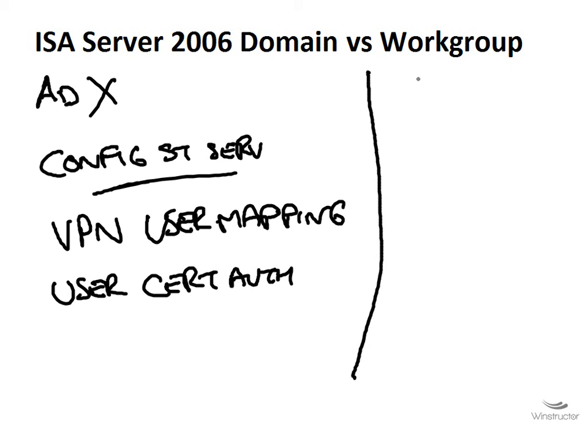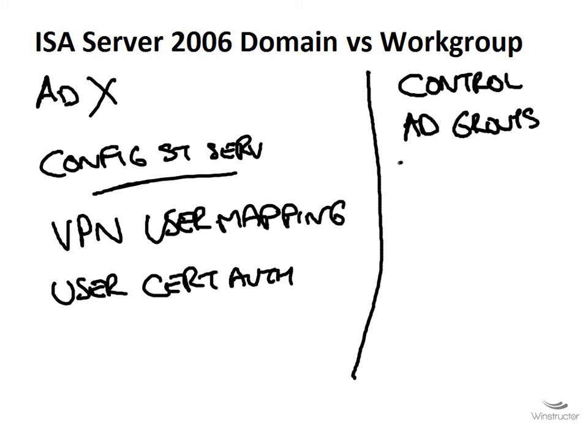With a domain-based ISA server, you've got much more granular control over the traffic that goes in and comes out of the firewall. You can leverage the existing domain groups without having to create local ISA groups. Plus, you get to manage user and group-based access to protocols other than just the web ones.